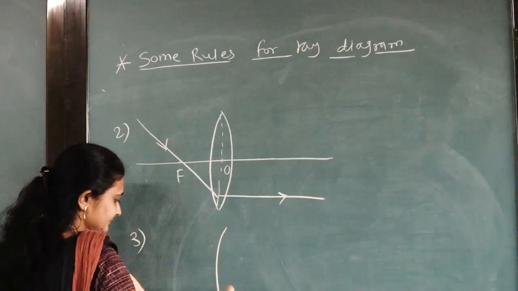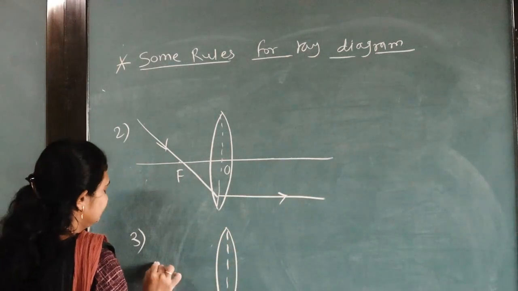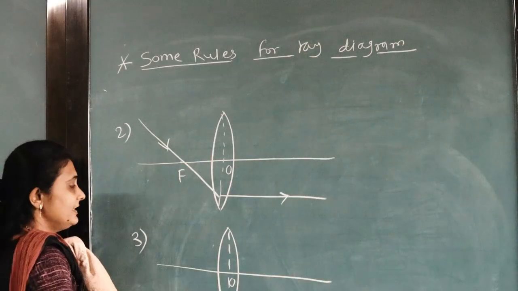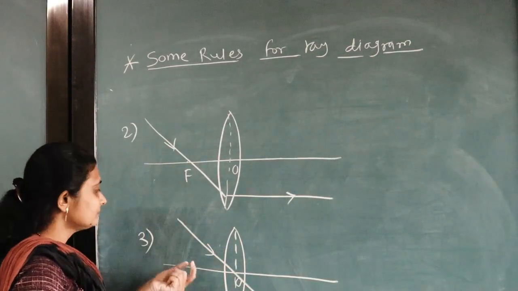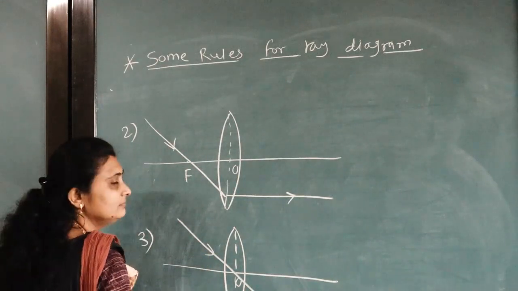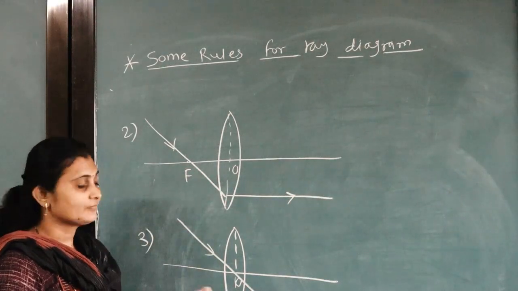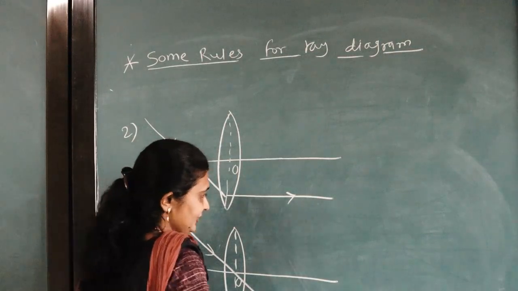And the third one, optical center, if the incident ray is coming from the optical center, then after refraction it will not change its path, it moves in the same direction.